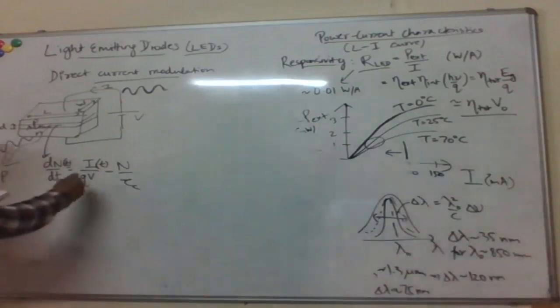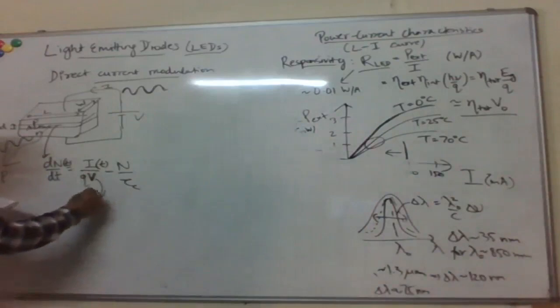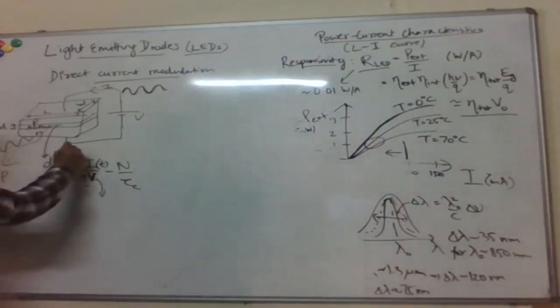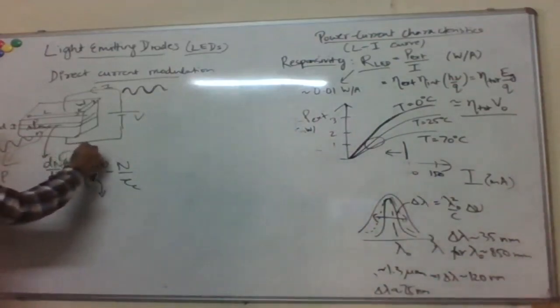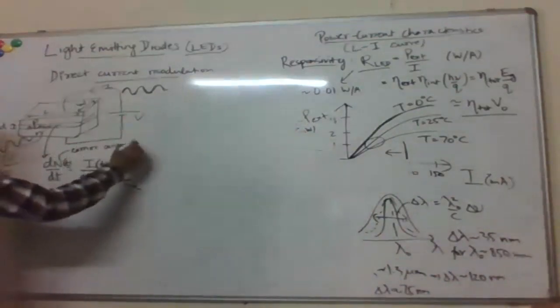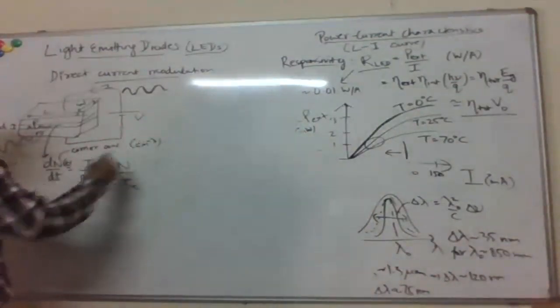So this V here is the volume. This N is the carrier concentration, let's say per centimeter cube or something.